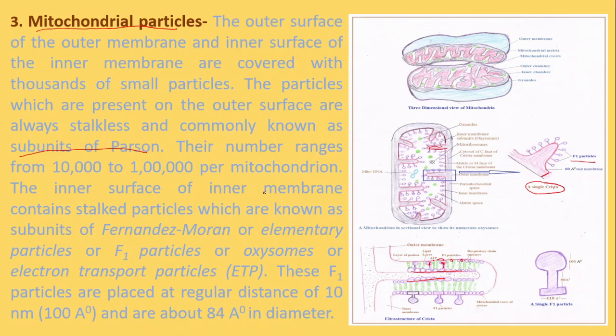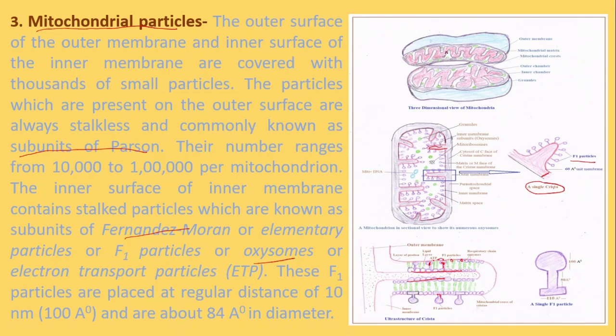The inner surface of the inner membrane contains stalked particles. Here you can see these stalked particles, which are known as subunits of Fernandez and Moran, or elementary particles, or F1 particles, or oxysomes or electron transport particles.